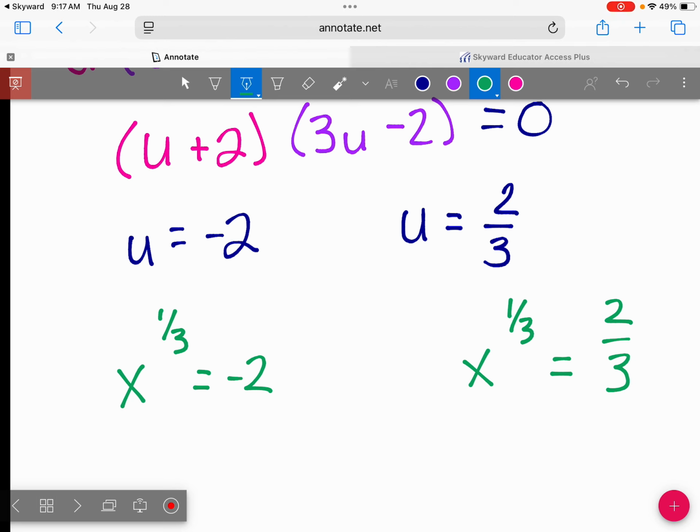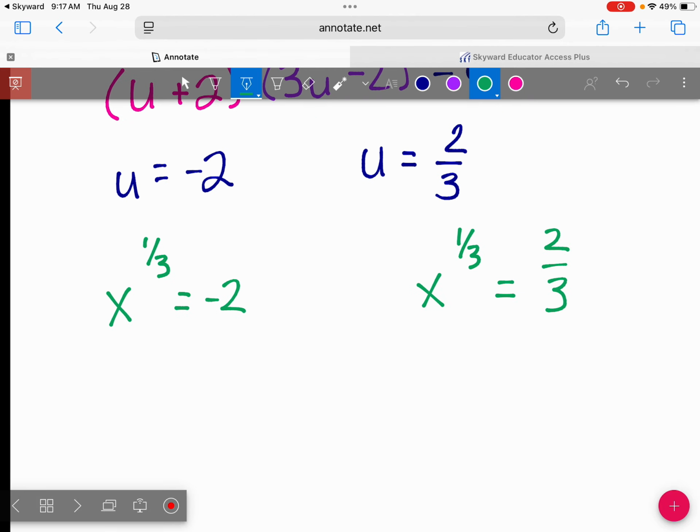How do we get rid of that power of 1/3? You can absolutely convert it down into roots. What kind of root is this? Cube root. So if it helps, absolutely do so. You don't have to write it like this, but this is in fact the cube root of x equals -2.